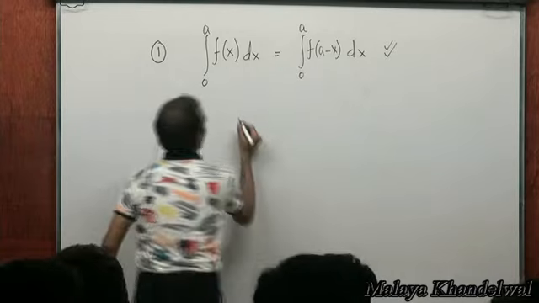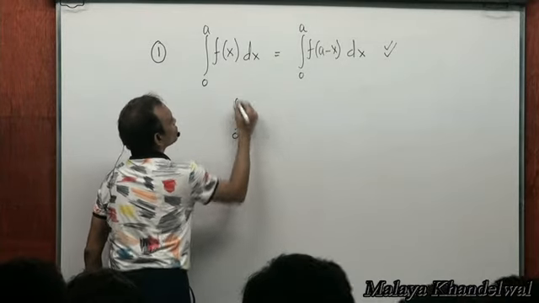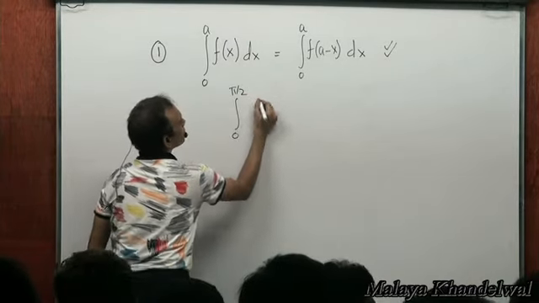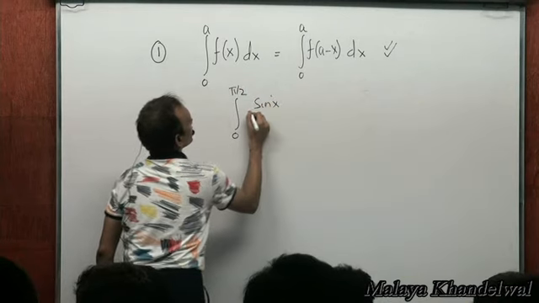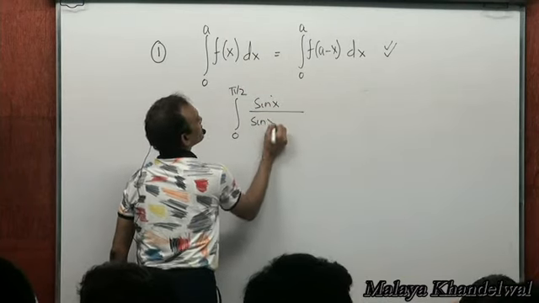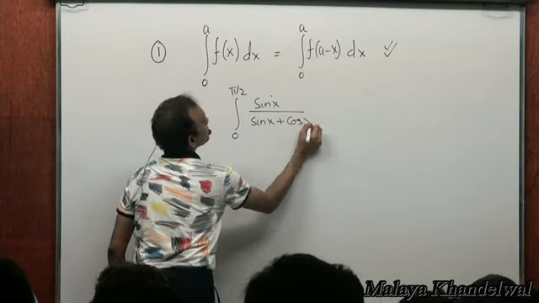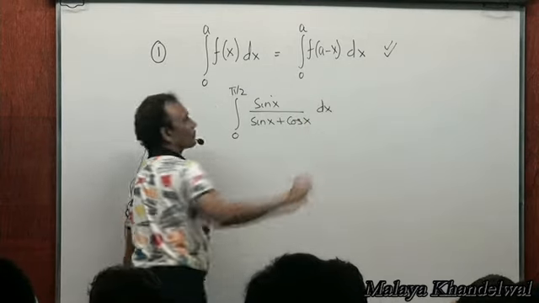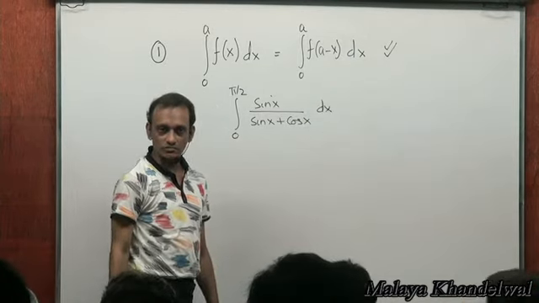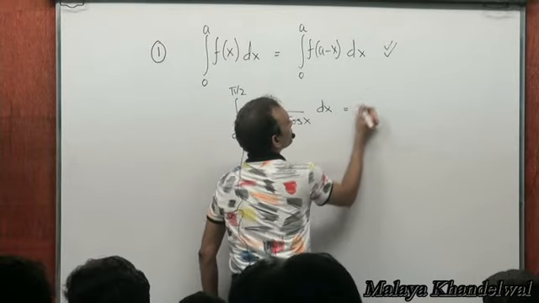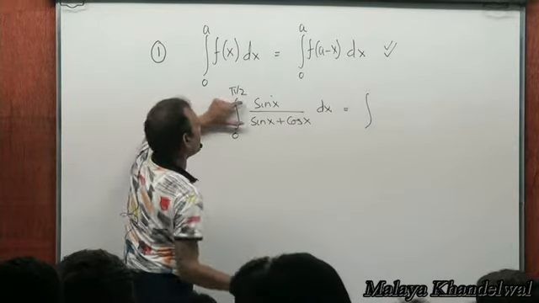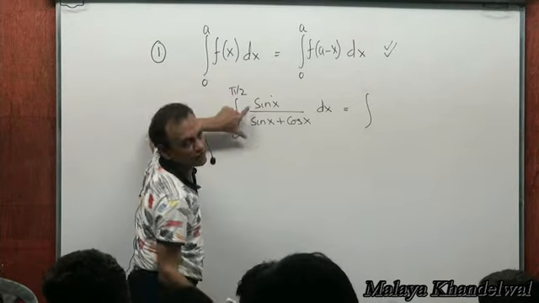Say, I have a function like this, 0 to pi by 2 sin x by (sin x plus cos x) dx. Something like this, okay? Now 0 to a f(x) dx will be 0 to a f(a minus x).